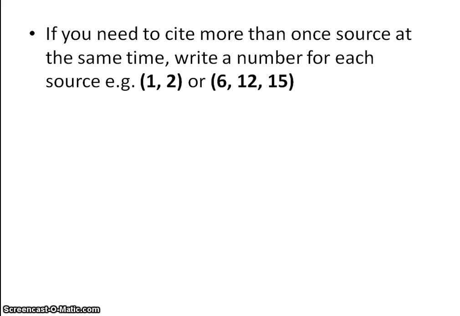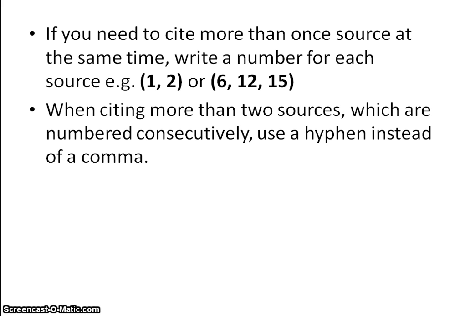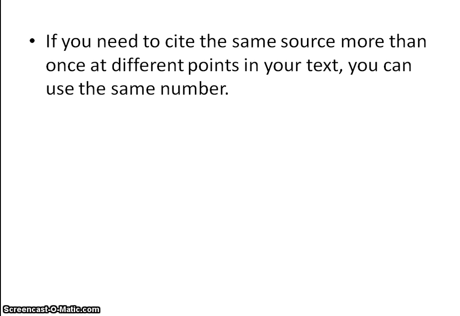If you need to cite more than one source at the same time, write a number for each source. When citing more than two sources which are numbered consecutively, use a hyphen instead of a comma. If you need to cite the same source more than once at different points in your text, you can use the same number.